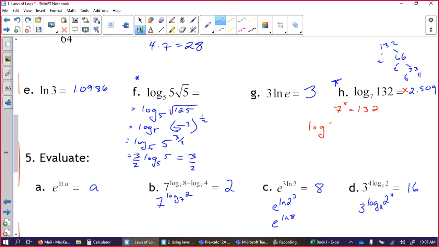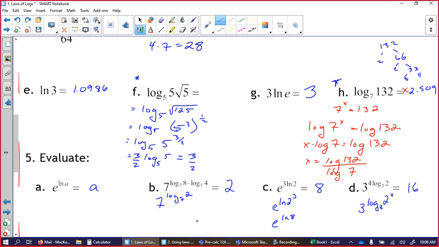Log both sides. Move that down. Divide log of 132 divided by log of 7.